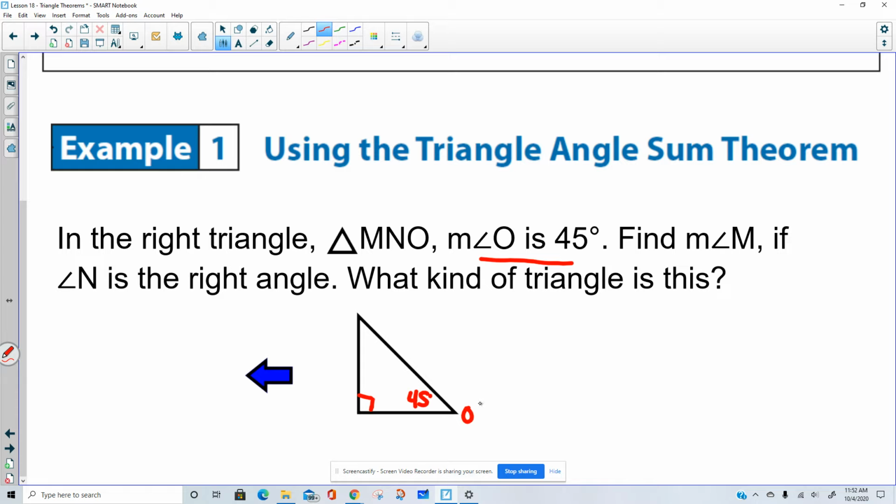Find the measure of angle M if angle N is the right angle. All right, so we're going to have to label the right angle as N. And then we're going to find angle M, that must be this one here. So by the triangle sum theorem, we know that angle M must be 45 degrees.